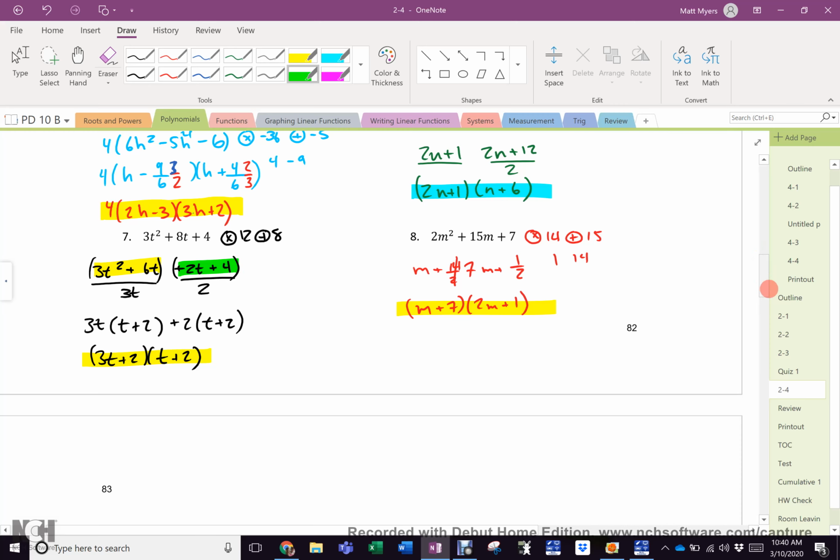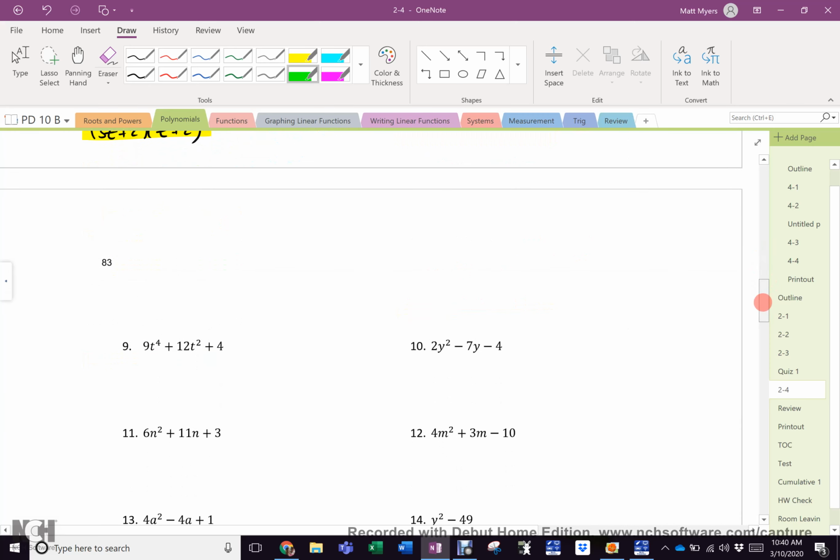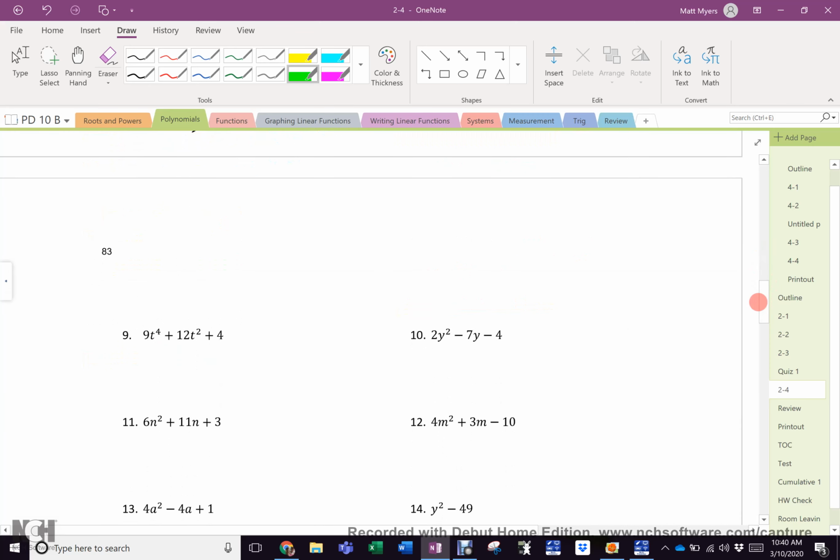All right. Let us have a look at 9. 9 differs in only one thing. What is it? It's to the 4th. When it was 3x squared at the front, your answer was 3x and x, right?